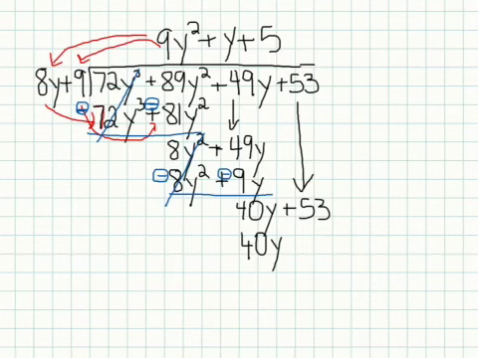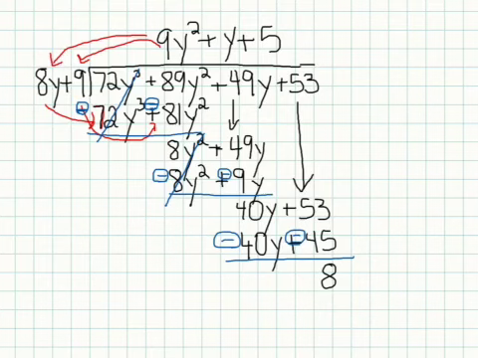But also 5 times 9 equals 45. Now we underline, change the signs, and then combine. And 53 minus 45 gives me a remainder of 8.